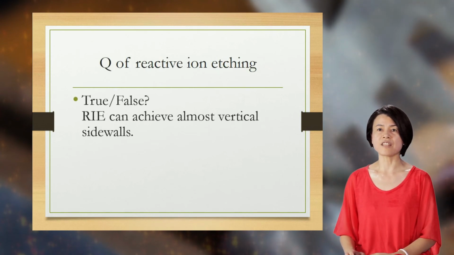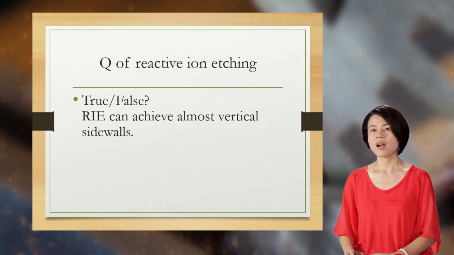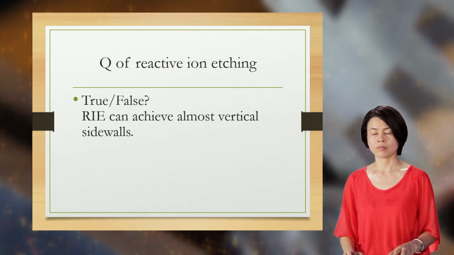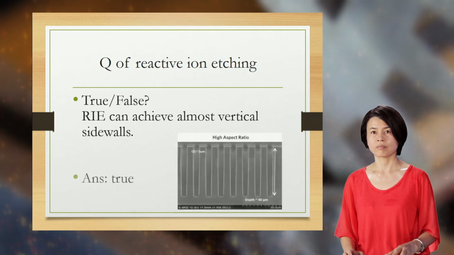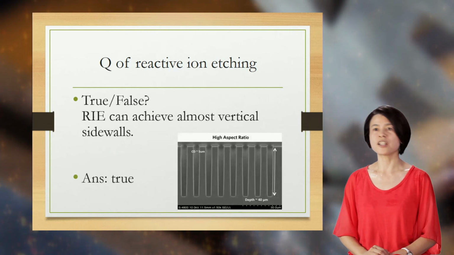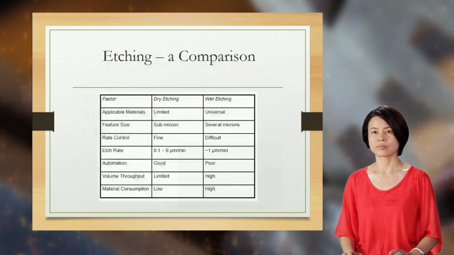Question of reactive ion etching. RIE can achieve almost vertical sidewalls. True or false? Okay, the answer is true. This is a photo of RIE with vertical sidewalls.